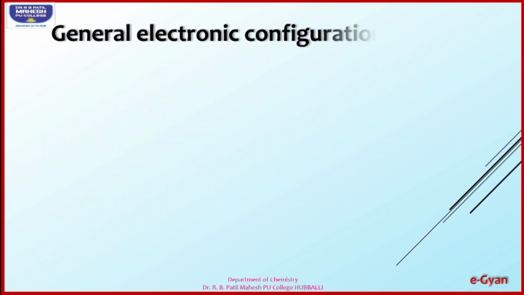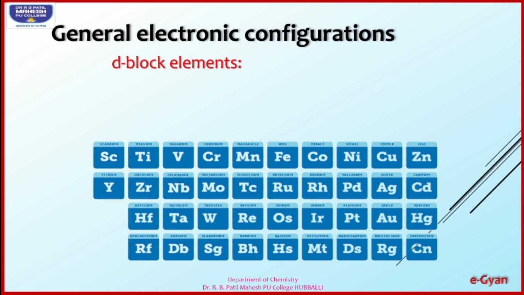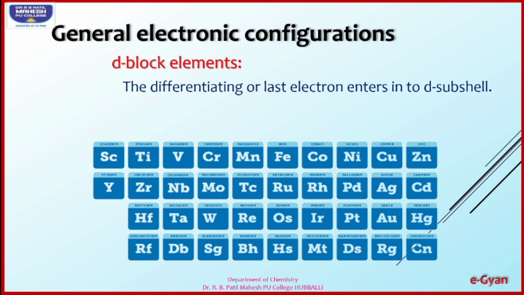Moving further, d block elements, from group number 3 to group number 12 are known as d block elements. The definition for this is the differentiating or the last electron enters into d subshell. The general electronic configuration is (n minus 1) d 1 to 10 ns 1 to 2.